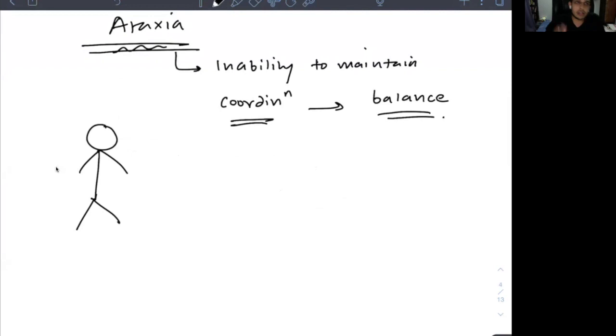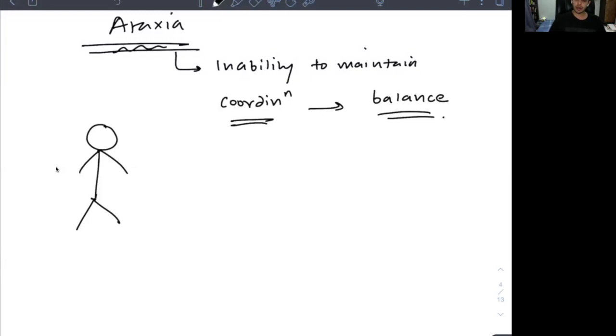What are the components required for you to maintain balance? So what is balance? Balance is an awareness of you and the environment and your ability to make corrections if there is any change in either your position or your environment.